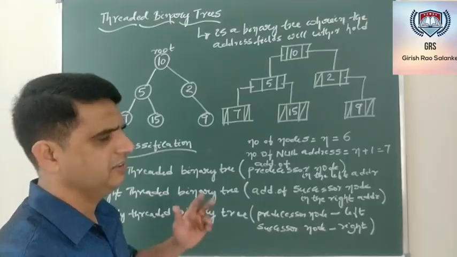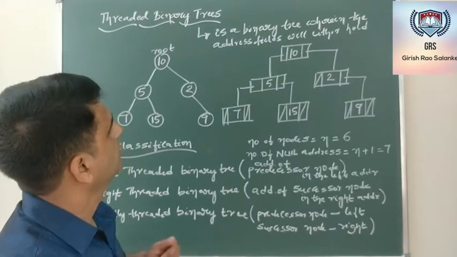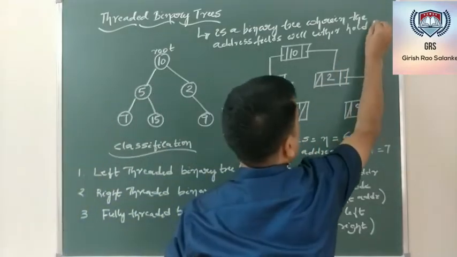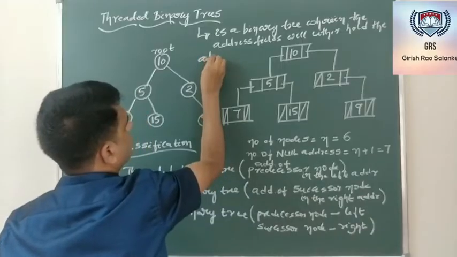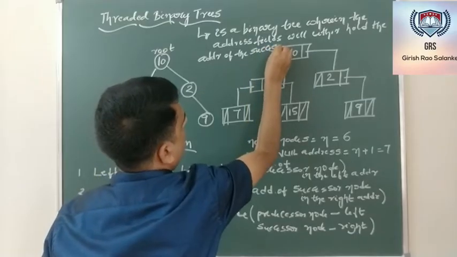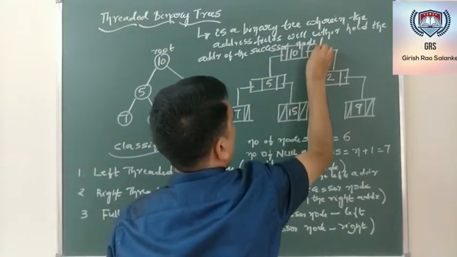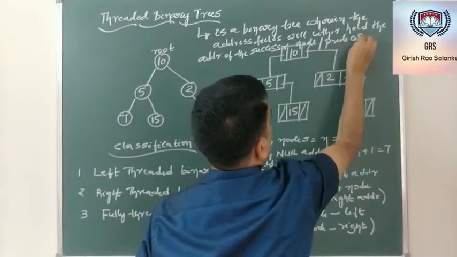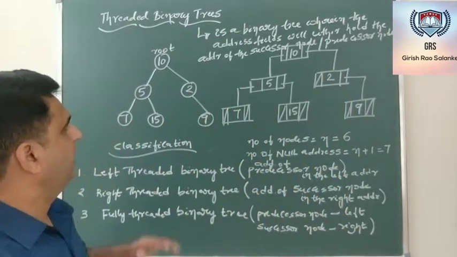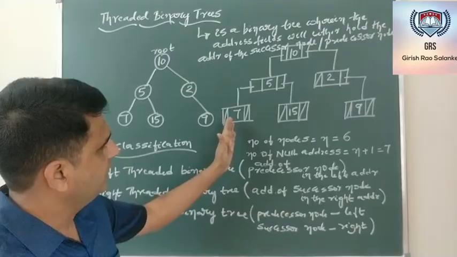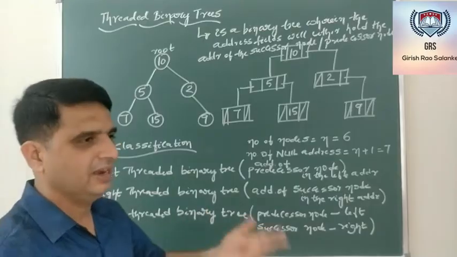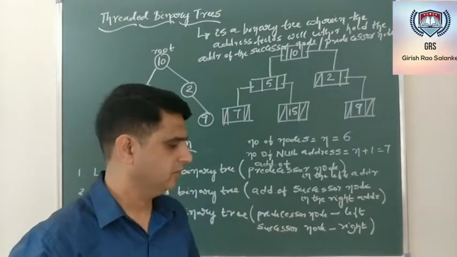If it is a right threaded binary tree, it will hold the address of the successor node. That is, as in the case of a binary tree, where a null address is stored in either the left address or the right address, that will not be there in the case of threaded binary trees.